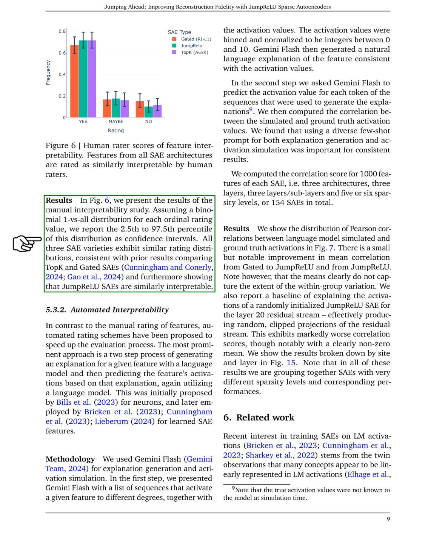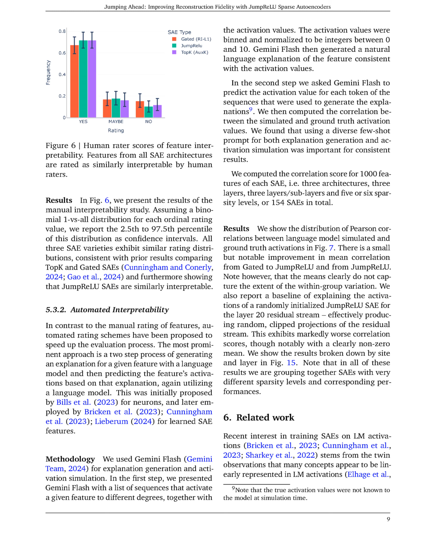In our results, we present the findings from the manual interpretability study. Assuming a binomial distribution for each rating, we report the confidence intervals for the ratings. All three types of SAEs show similar rating distributions, aligning with previous comparisons of top K and gated SAEs, and indicating that JumpReLU SAEs are similarly interpretable.